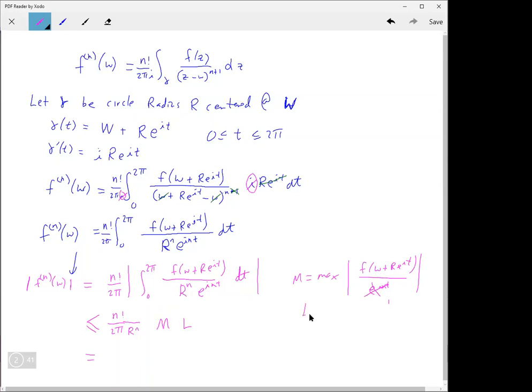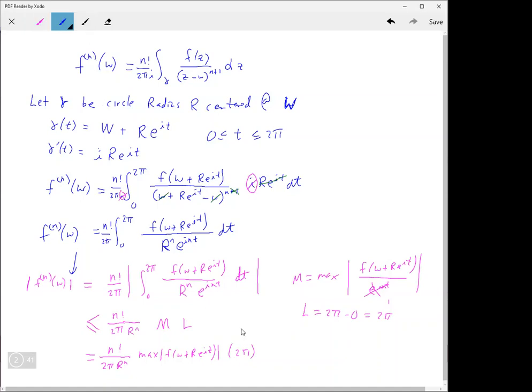Okay, so it's 2 pi minus 0. Okay, so that's 2 pi, so you get 2 pi n factorial, and then M is going to be the maximum of f of w plus r e to the it. And then the L is going to be 2 pi.